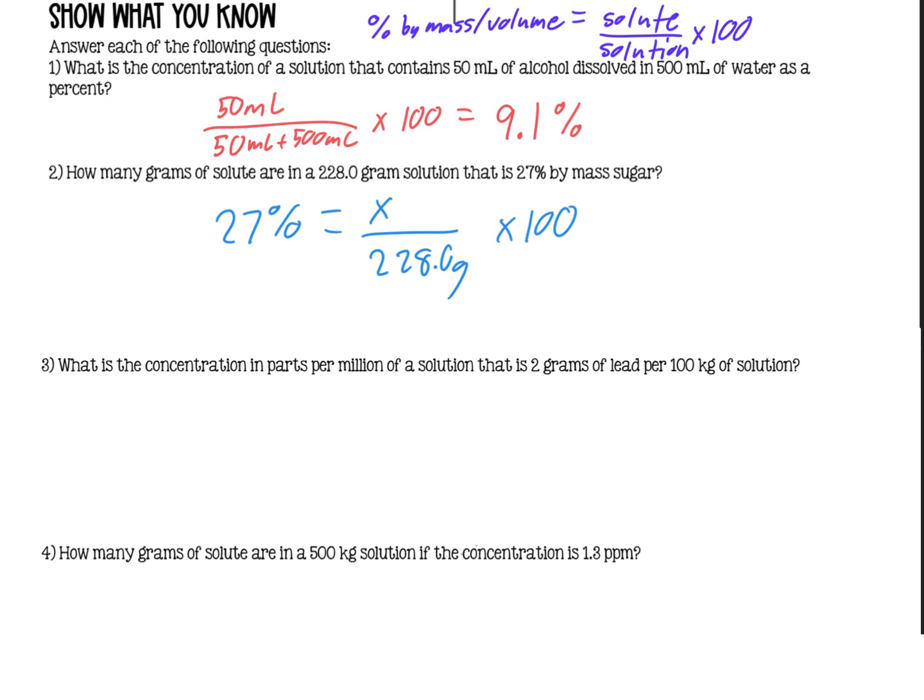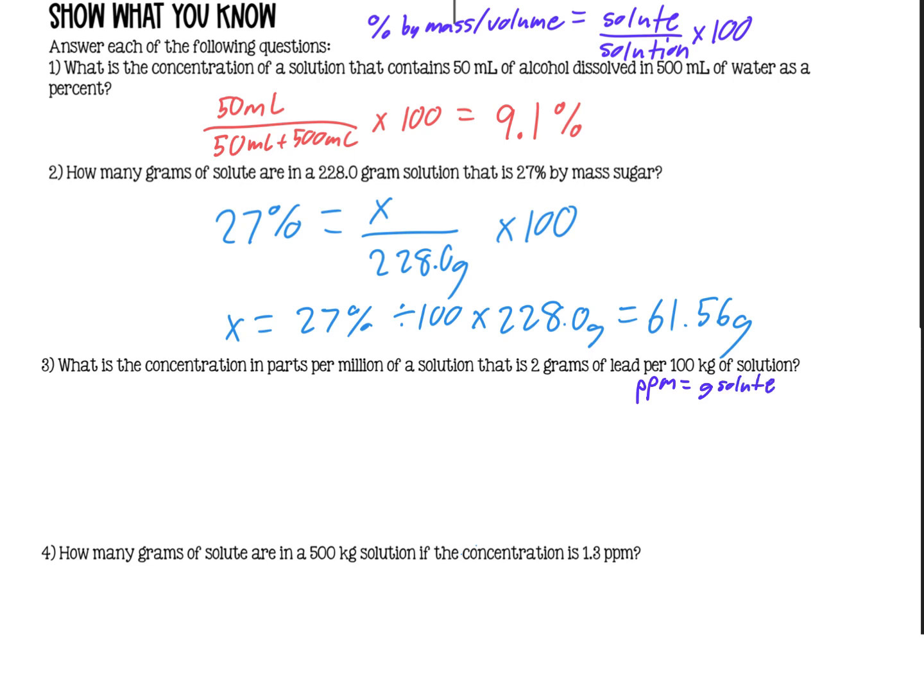So we will now solve for x. X is equal to 27% divided by 100 and times 228.0 grams, which gives us a total of 61.56 grams of solute.